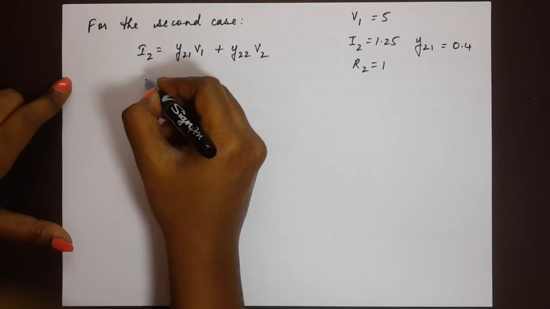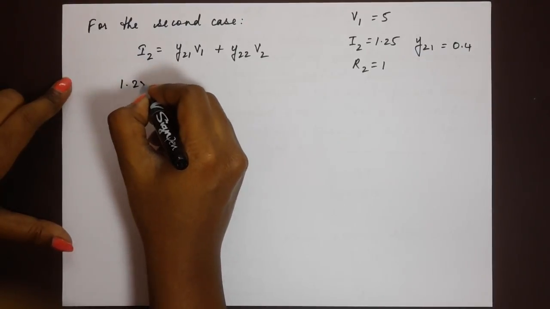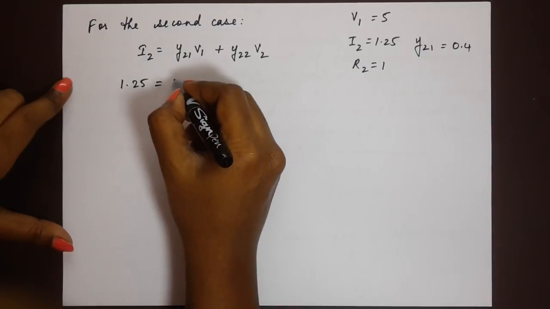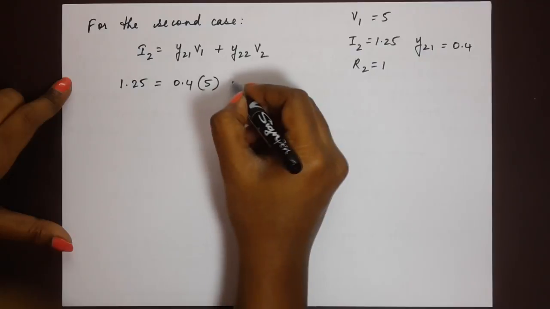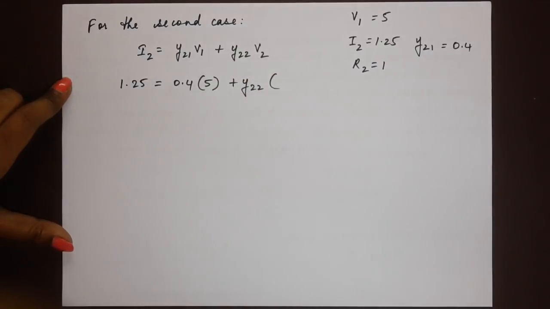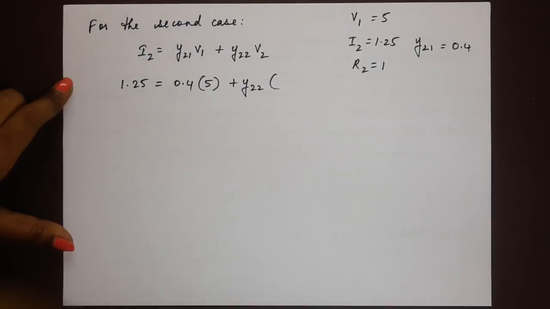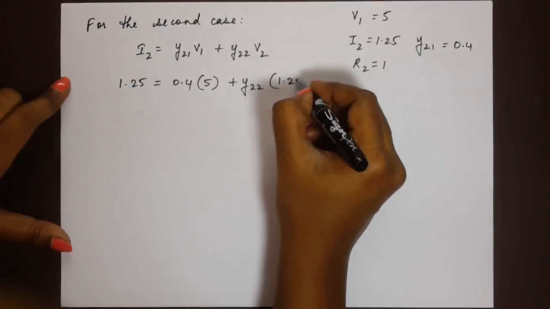So here we have I2 is 1.25 is equal to 0.4 into 5 plus Y22 into, now V2 is nothing but I2R2, multiplication of these two, which is 1.25.